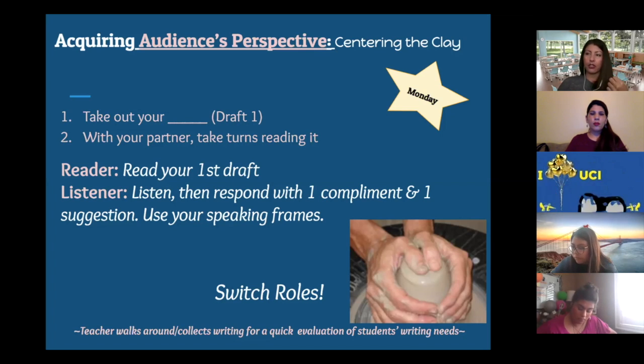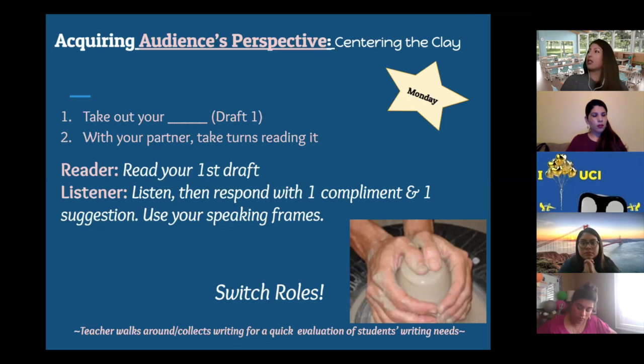If you see that your students are not incorporating dialogue into their narratives, then adding dialogue might be the revision mini lesson that you share for week 2.